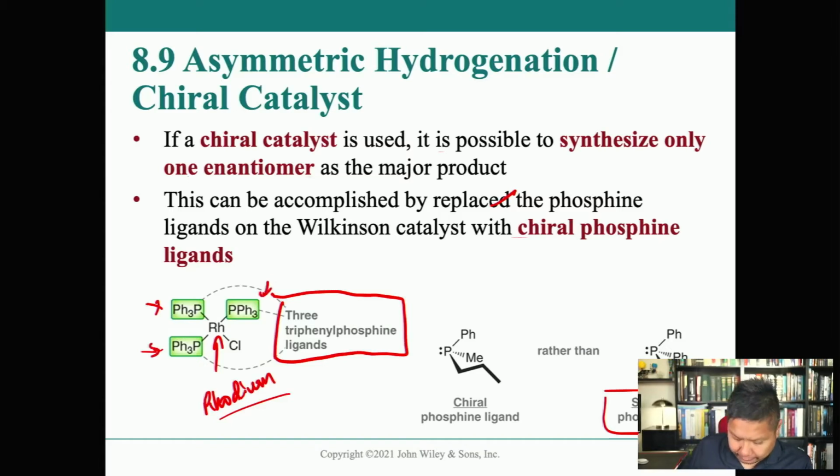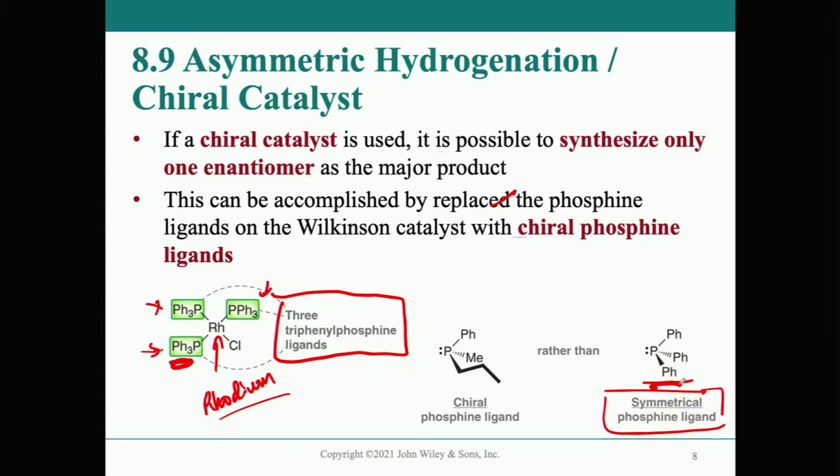That's the symmetrical ligand. Each one of these is actually one of these. Literally, a triphenylphosphine is a phosphorus in the center with 3 benzene rings attached to it.